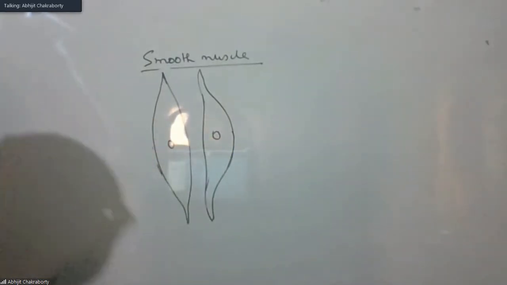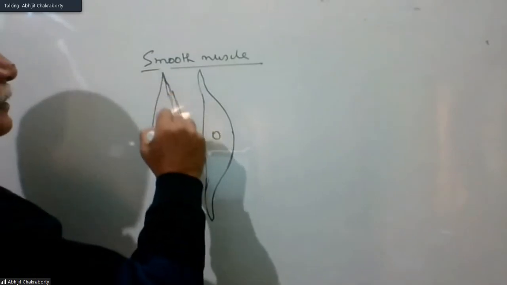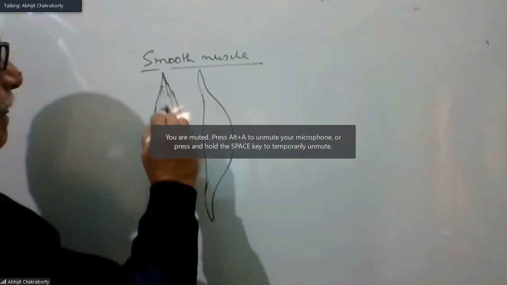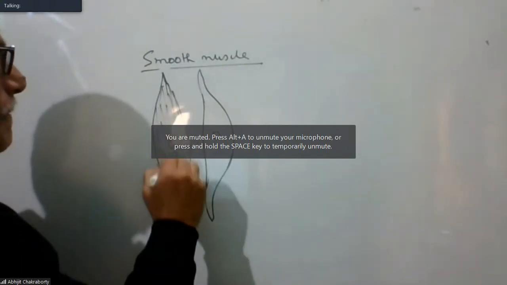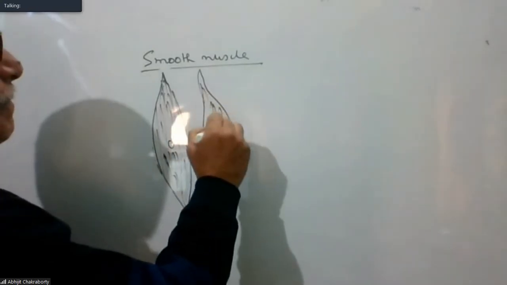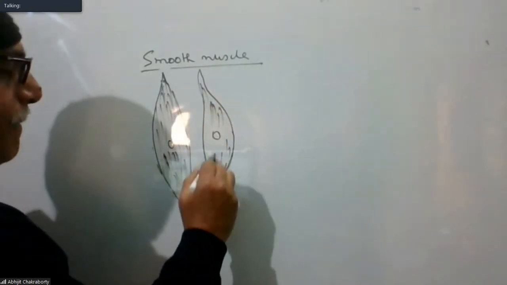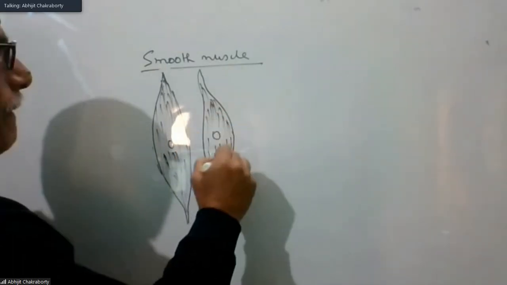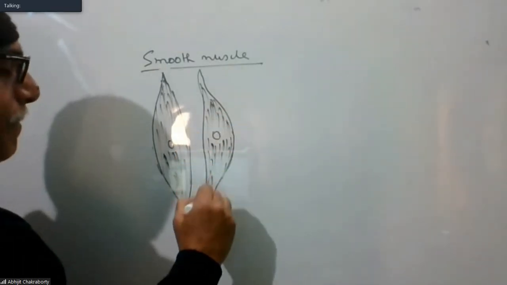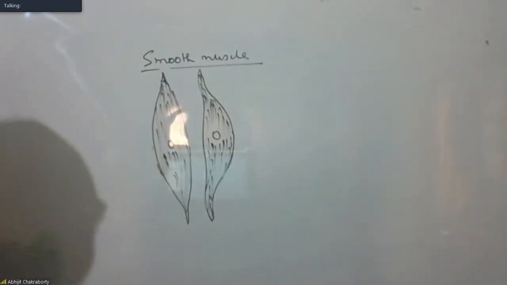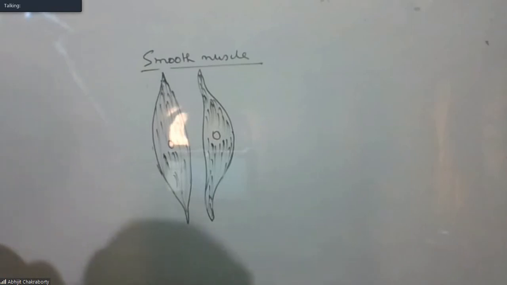They are the muscle fibers. No striation is found actually. They are the smooth muscle fibers.